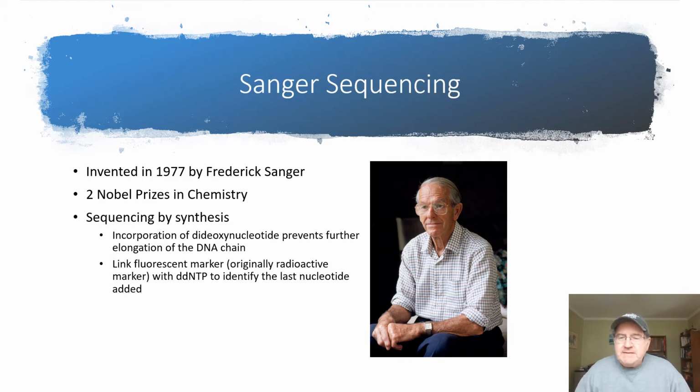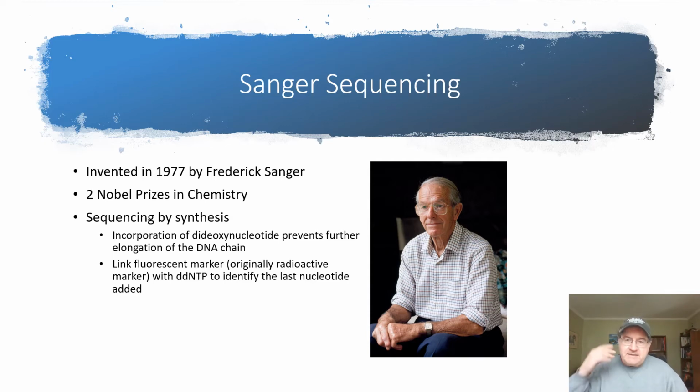And so basically what you do is link dideoxynucleotides with a fluorescent marker, a different color for each of the 4 dideoxynucleotides that it could be, so that you can tell what the last nucleotide that was added to that growing DNA chain was.